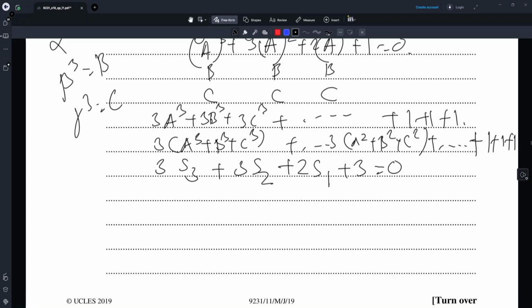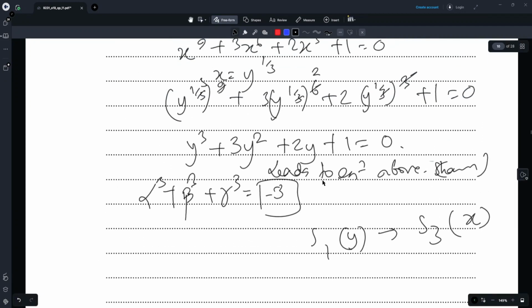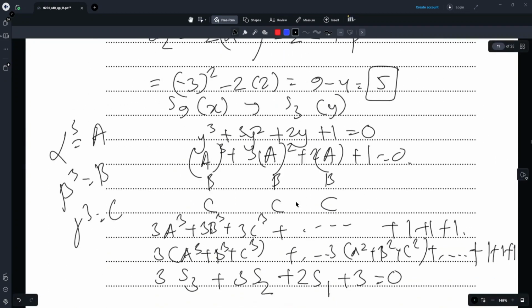So we know S1, we know S2, we know S3. S1 is basically minus b by a, so it's going to be minus 3.